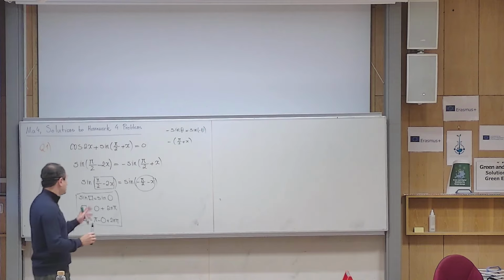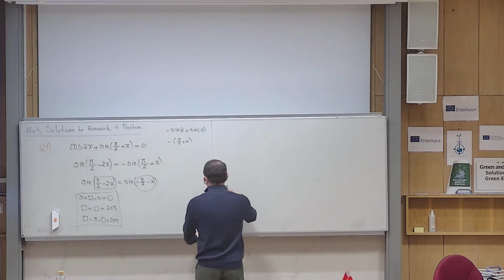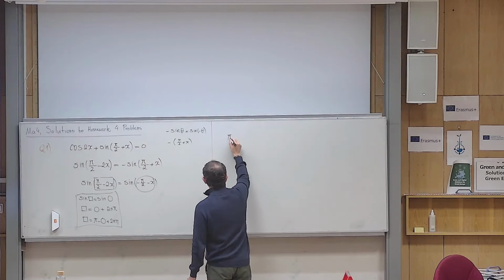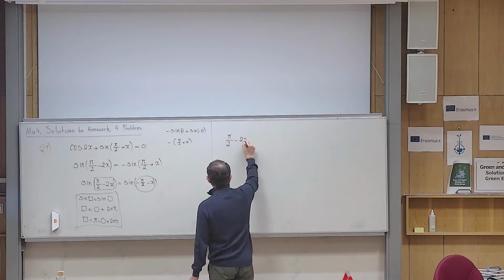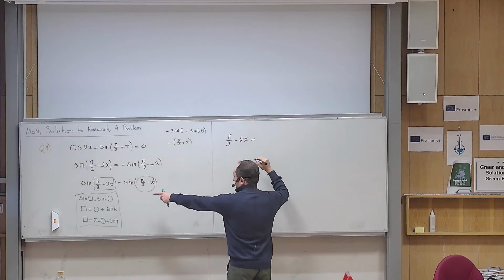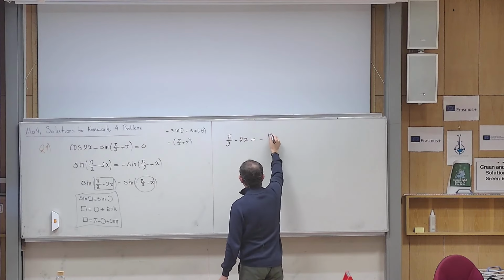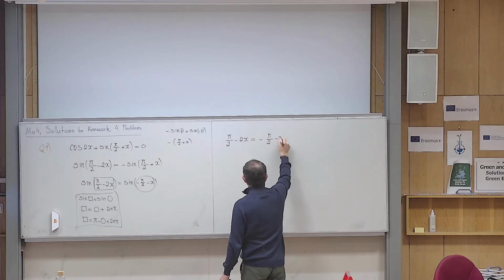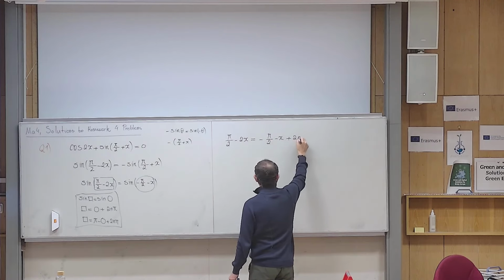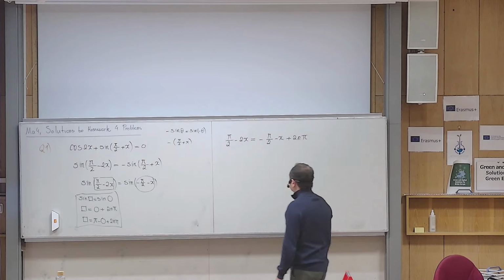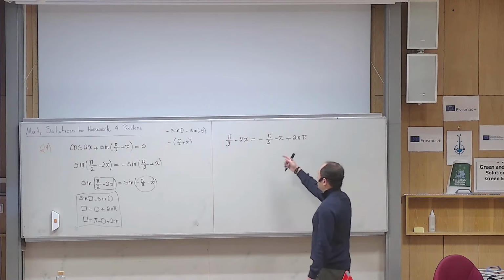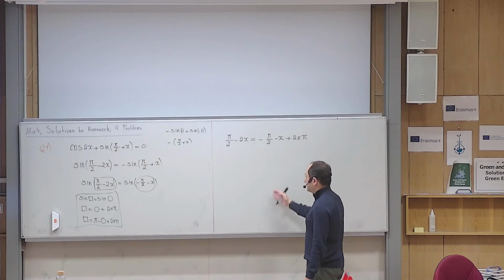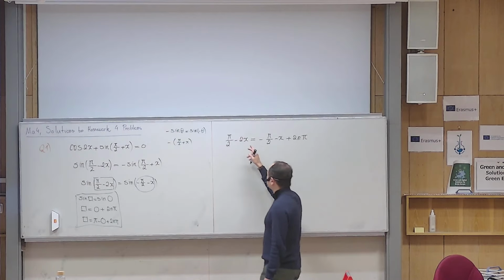I consider two cases. Either the box is equal to the circle plus 2n pi, which is very easy to solve. Let me consider this, finish it, and then consider the other scenario.